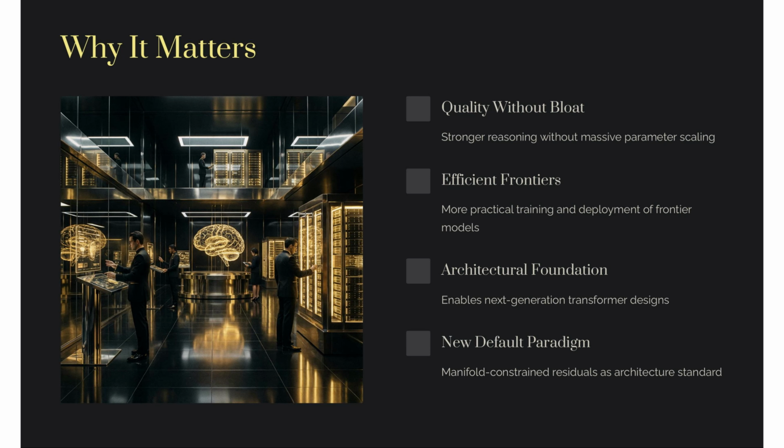You can get stronger reasoning and higher quality outputs through architectural innovation instead of just brute force scaling. That means more efficient frontier model training. That means lower deployment costs. That means better performance per dollar spent. And strategically, this positions manifold-constrained residual connections as potentially the new default architecture for transformers going forward.